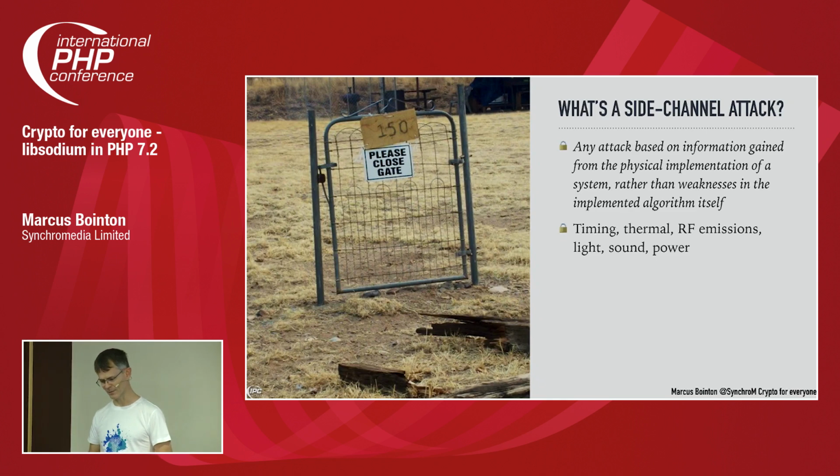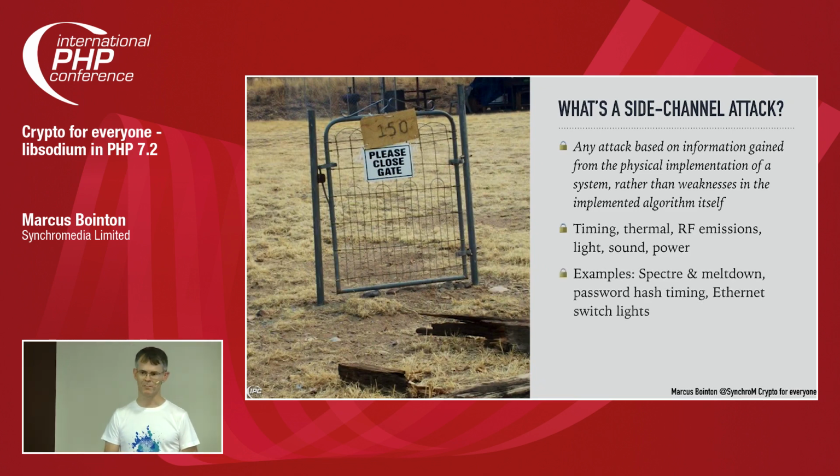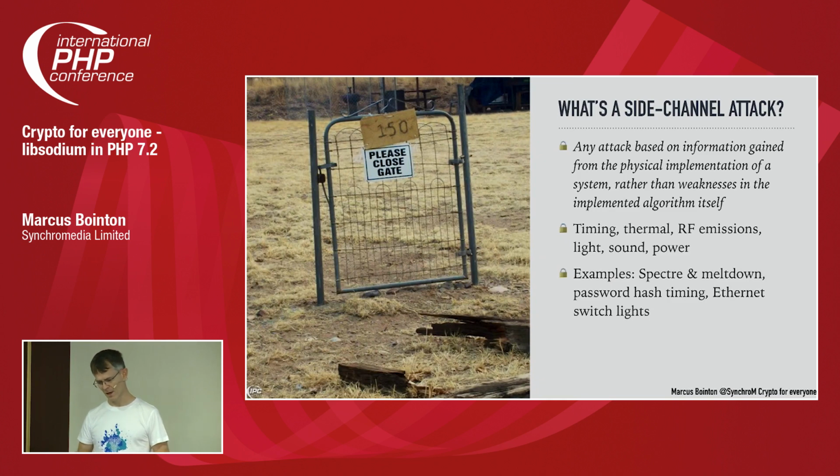Recent examples have been extremely high profile. The recent Spectre and Meltdown vulnerabilities in pretty much all Intel CPUs are effectively a timing side channel that allowed attackers to get access to memory that they shouldn't have been able to, and obtain information that shouldn't be obtained.